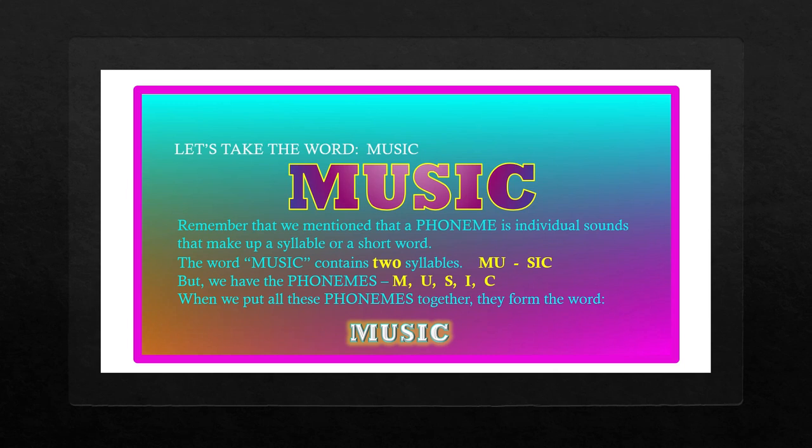The word music contains two syllables, mu-sic. But we have the phonemes, the individual sounds, which are M-U-S-I-C. When you put all these phonemes together and the sounds of those letters, they form the word music.